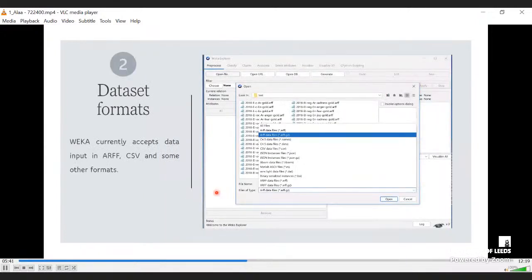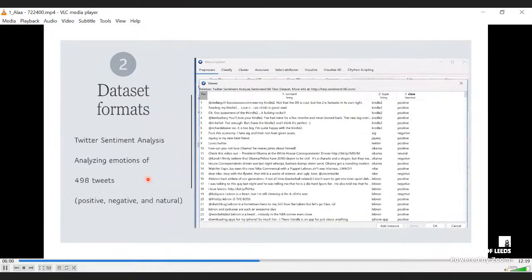For the dataset format, it currently accepts ARFF and CSV, and there are other formats, but if you have, for example, an Excel sheet dataset, you have to convert it to one of these types to be readable by Weka. In this use case, Twitter sentiment analysis is used, and it has 3 classes: positive, negative, and neutral.